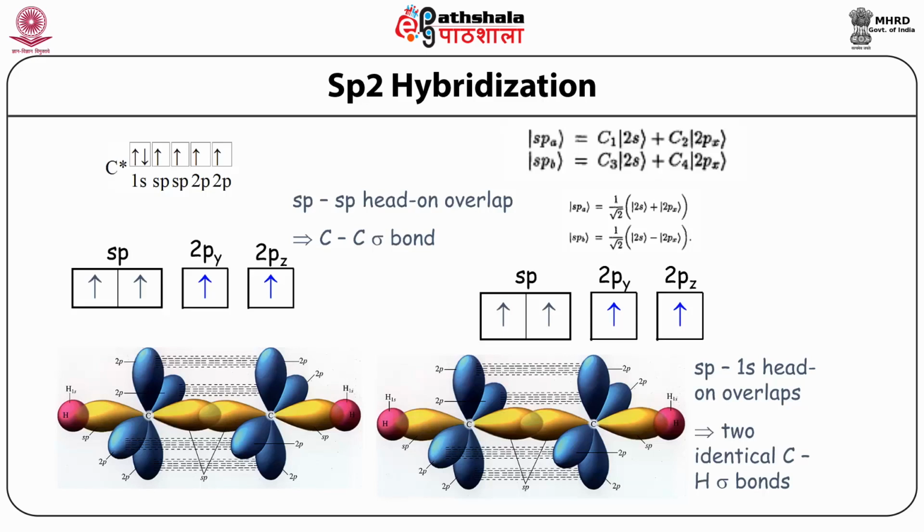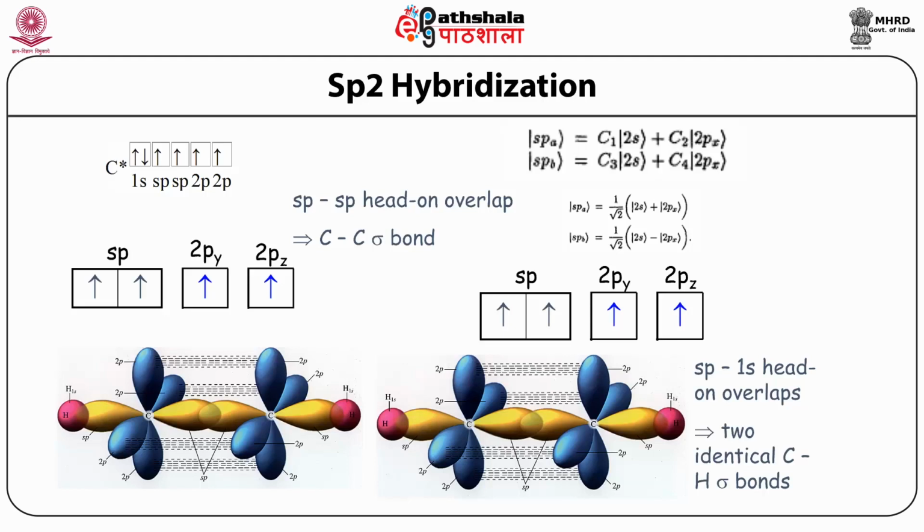So in this hybridization, there is a linear combination of the 2s orbital and one of the three 2p orbitals of a carbon atom.